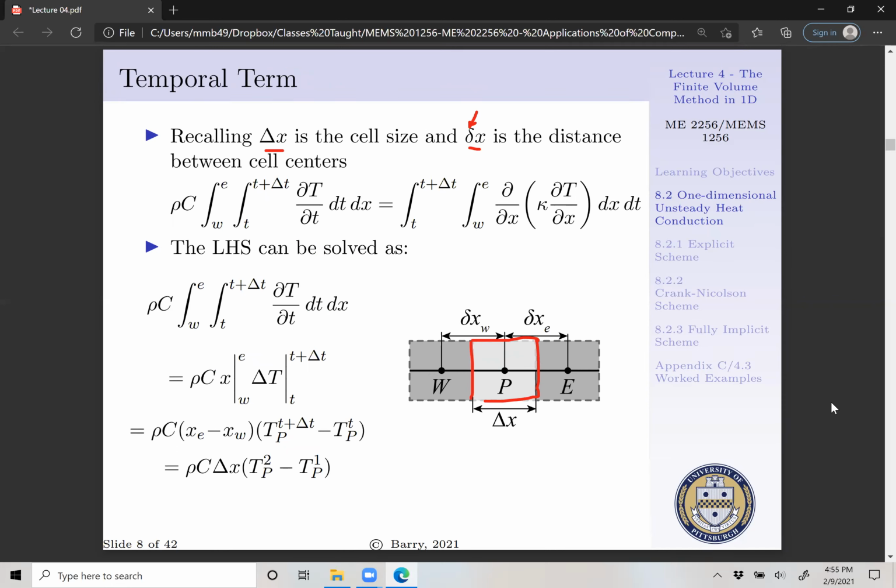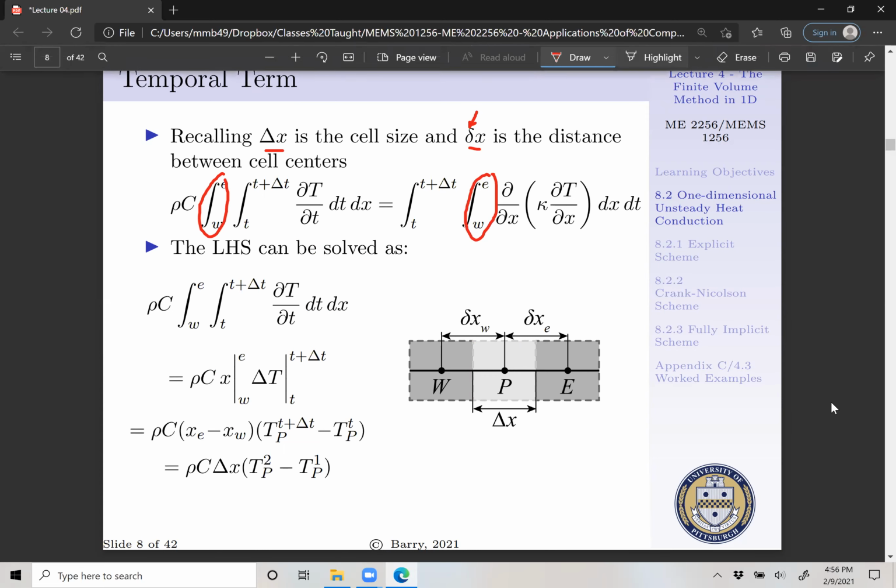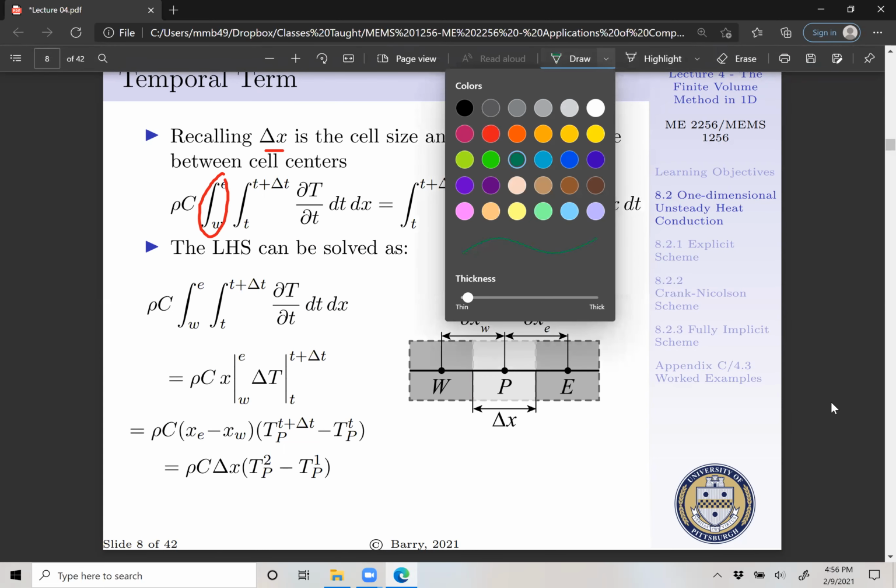So let's call triangle x our cell width. And right now we're going to assume we have a uniform grid, but we know how to handle non-uniform grids. And delta x is just the distance in between our cell centers. Now we're going to assume this is all constant. We know how to handle it if it's not. So what we need to do is integrate spatially and temporally.